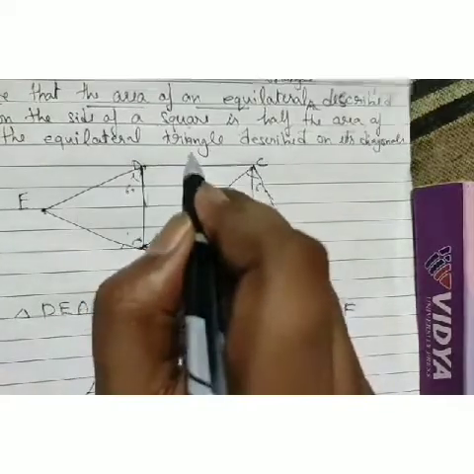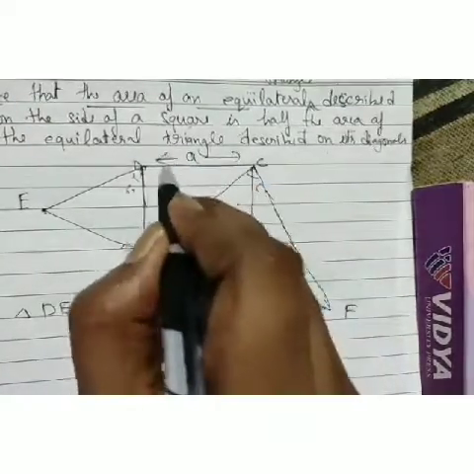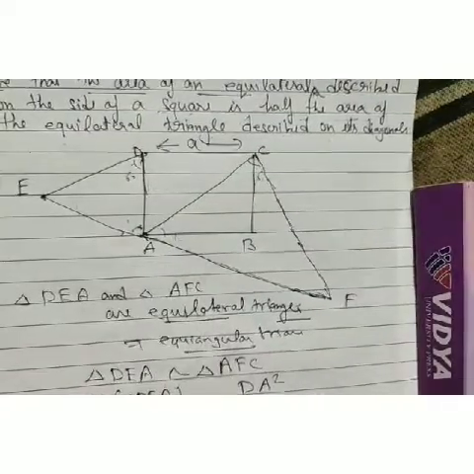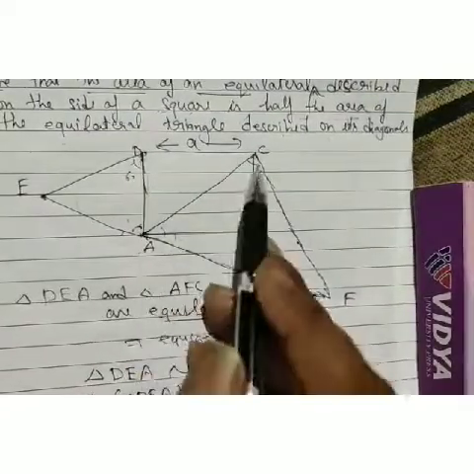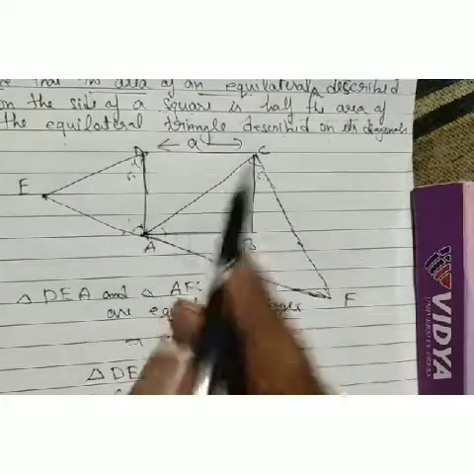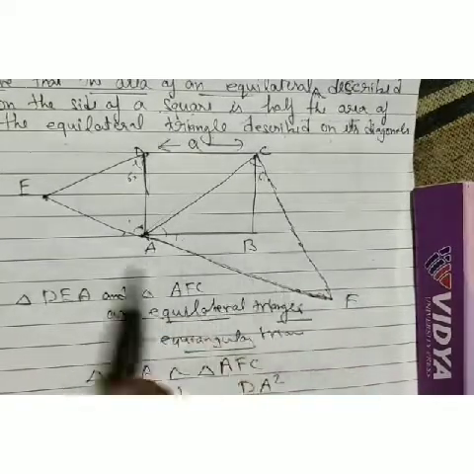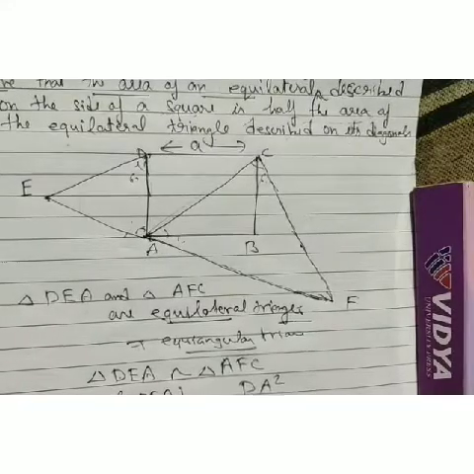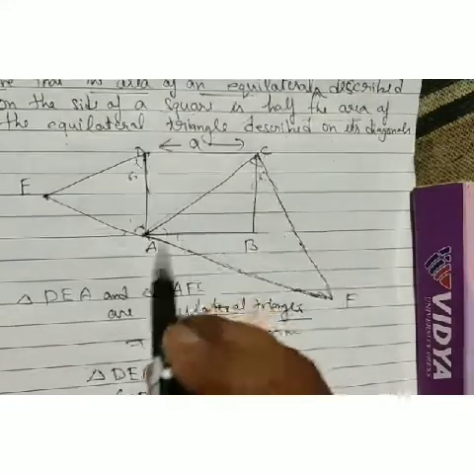Take the side of the square as a units. DA square, and for the area of triangle AFC, we take the corresponding side AC, so AC square.